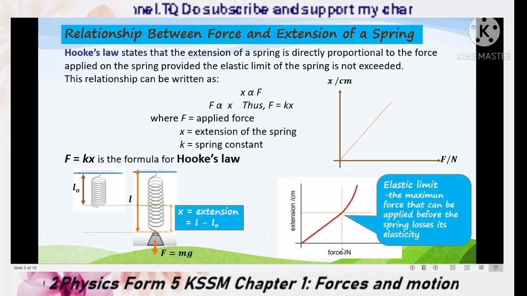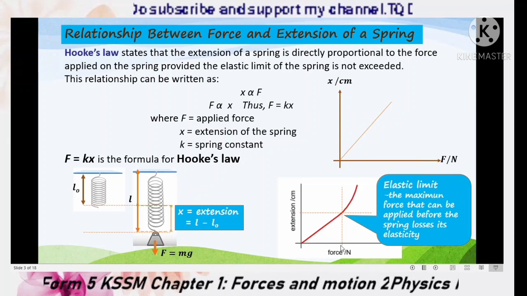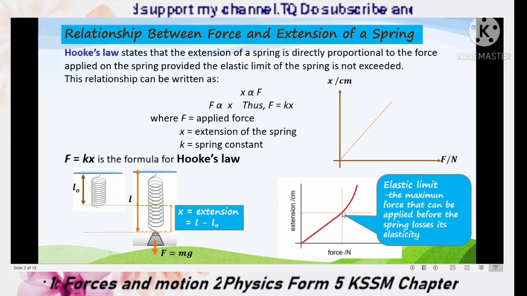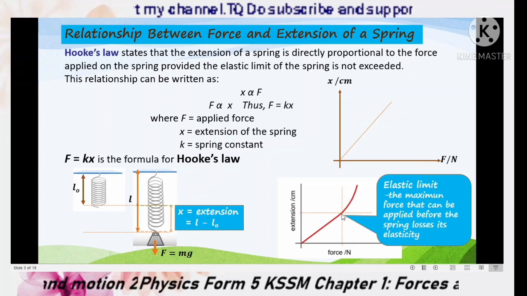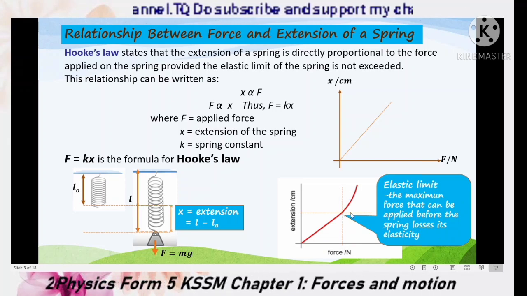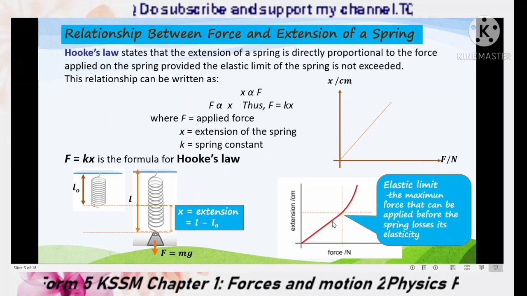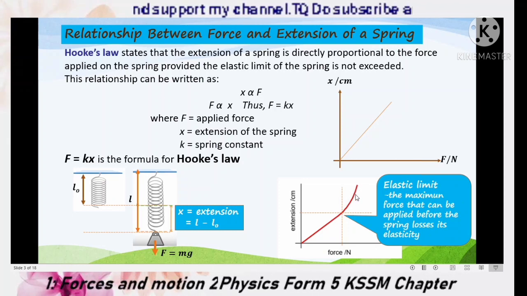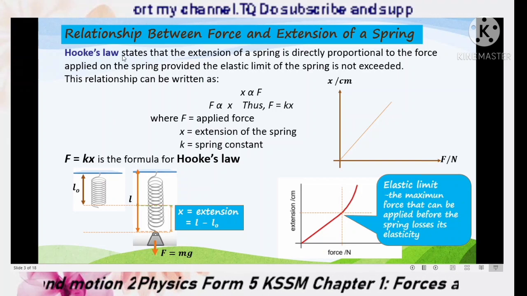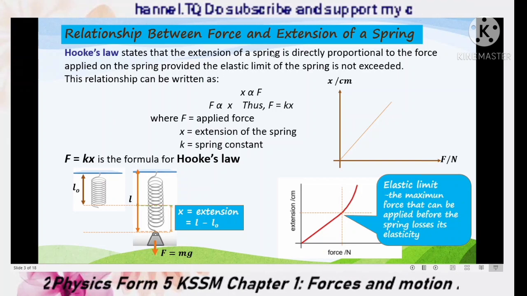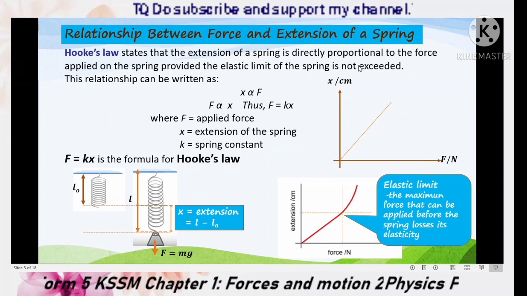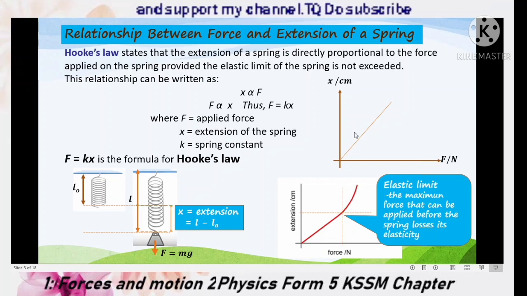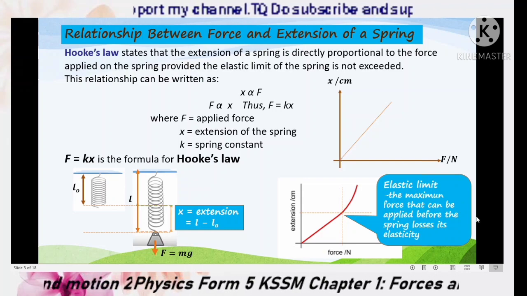Let's say the force here is 100 Newton, meaning you cannot apply more than 100 Newton to the spring. If more than 100 Newton, the spring will be spoiled. That is what is stated by Hooke's law. That's why there must be this condition, elastic limit not exceeded. Then only can you get a straight line that passes through the origin.